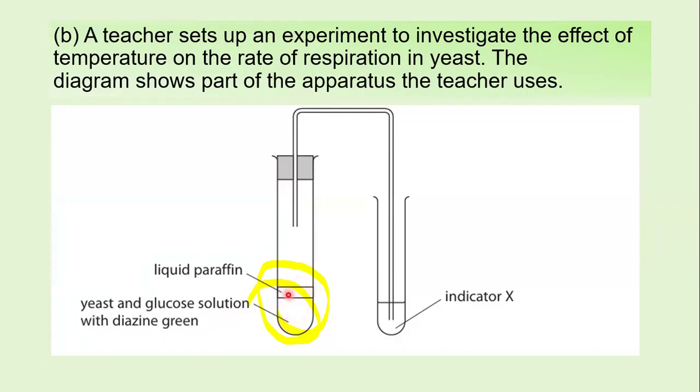There is a liquid paraffin layer here. In this solution, there may be some oxygen. So if there is oxygen, the dicing green is showing blue color, but it gradually turns to pink, because aerobic respiration takes place when there is oxygen, and this oxygen is consumed by yeast to do aerobic respiration and produce ATP and carbon dioxide.